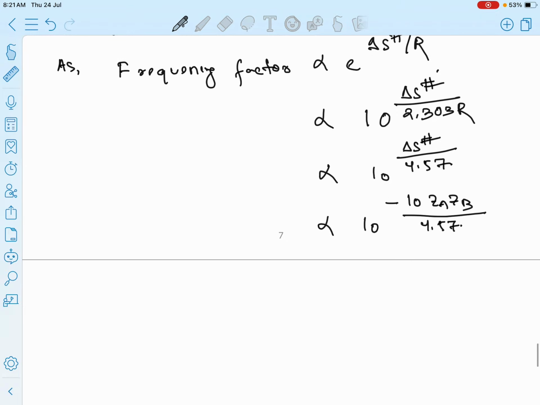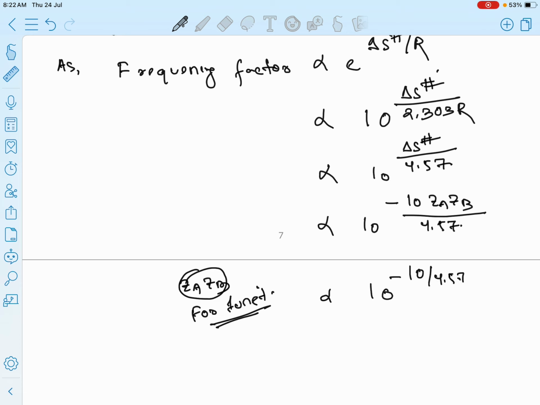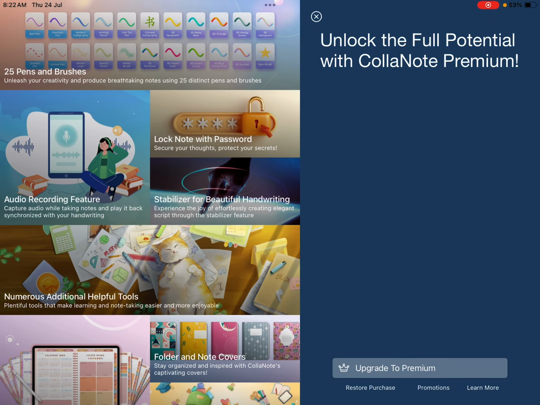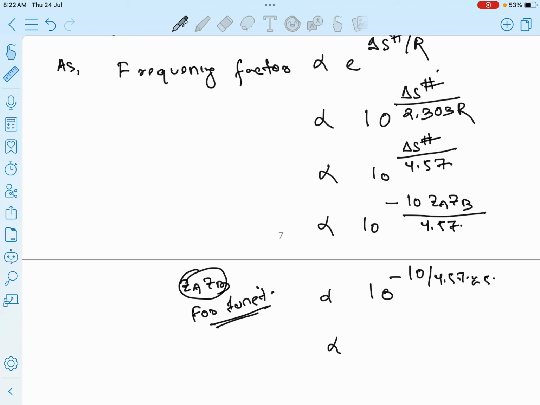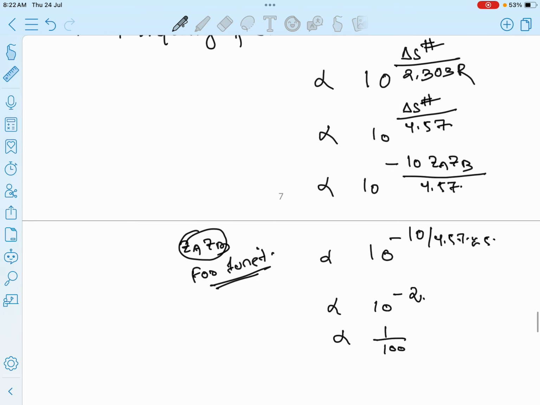That means here for 1 unit change in the product ZA ZB, your value will be equal to 10 by 4.57. That means numerically equivalent to about 2, that is 1 by 100.